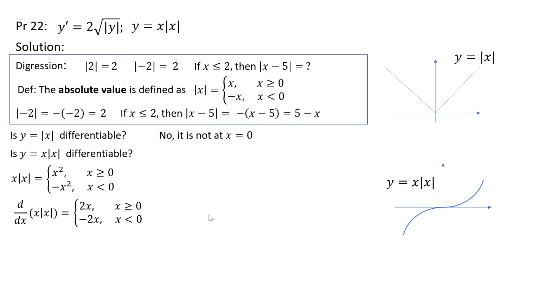Wait. Can I do that? Can I yank the 2 outside and write x if x is greater than or equal to 0 and negative x? Yeah, I can. Wait a minute, this guy looks familiar. What is that? Dang, that's nothing but absolute value of x, man.